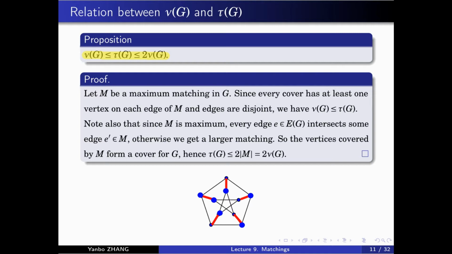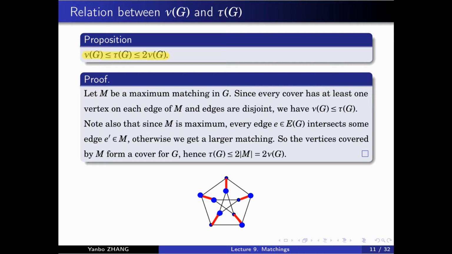Tau(G) equals 6. 6 is between 5 and 10. So this property holds for the Petersen graph. How to prove this proposition?